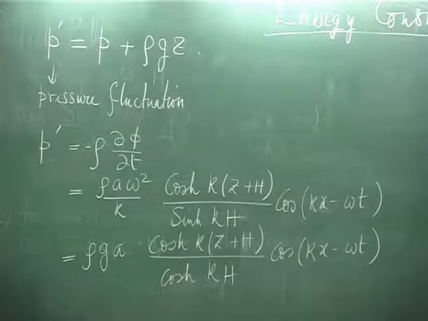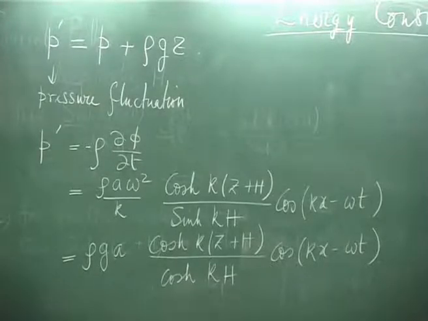We have gone through this expression for the dispersion relation, calculated the group velocity, and obtained the limiting values for deep water waves and shallow water waves. We notice that deep water waves go at half the phase speed, while shallow water waves go at the phase speed.